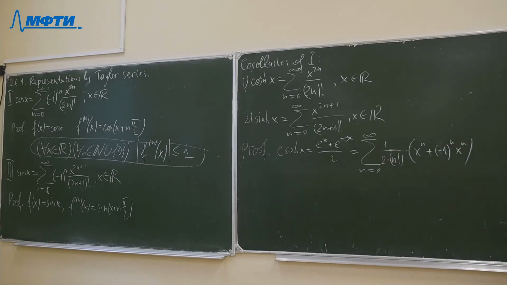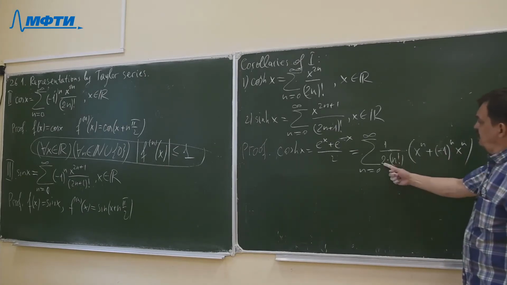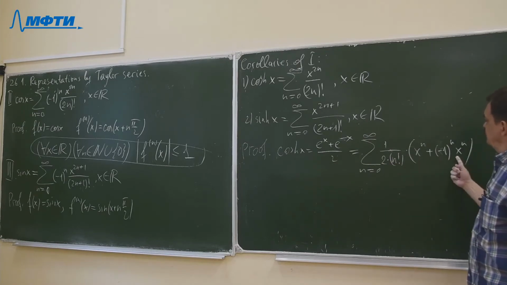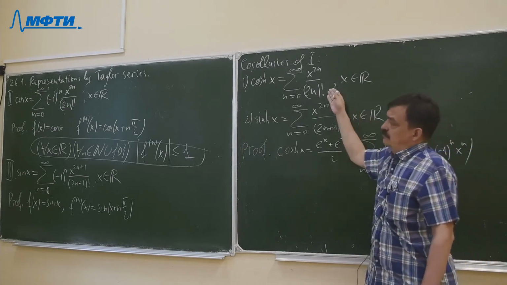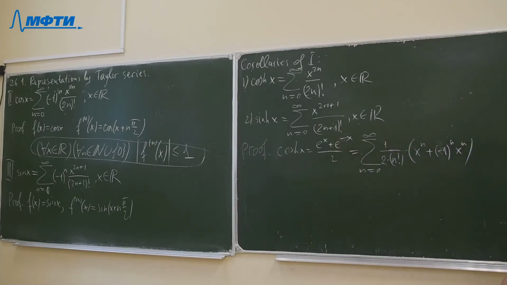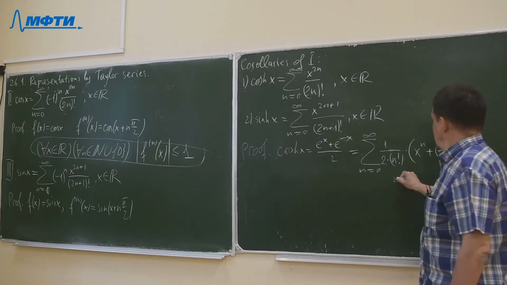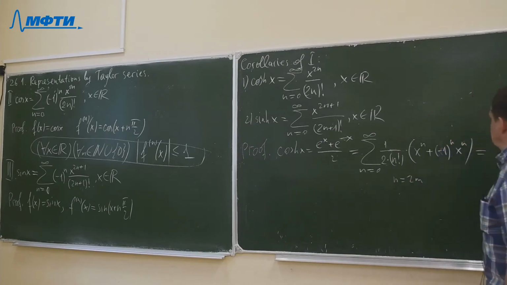And you see, once n is odd, this term in brackets equals 0, and if n is even, then we have 2 times x to the power n, cancel 2, and we obtain what is written here. So n equals 2m, we can write the sum m from 0 up to infinity, x to the power 2m over 2m factorial.